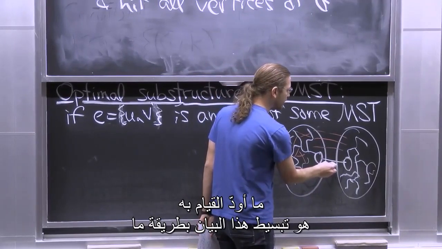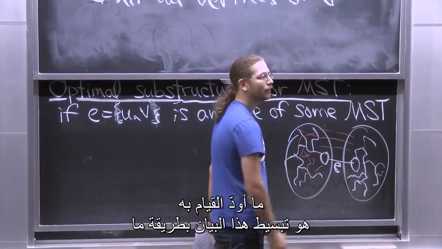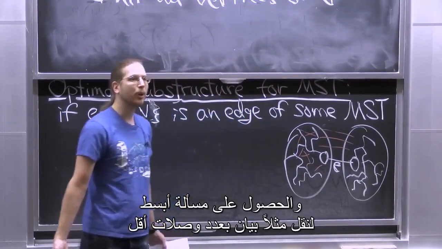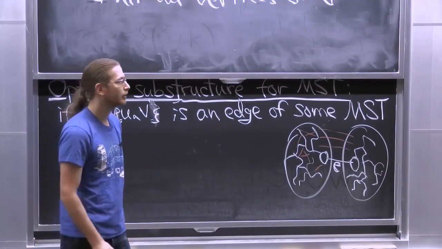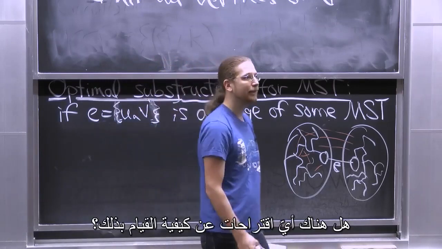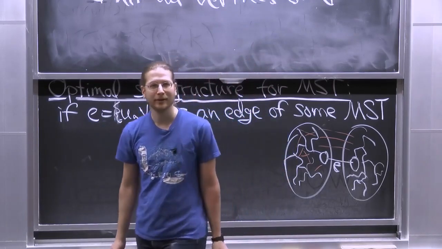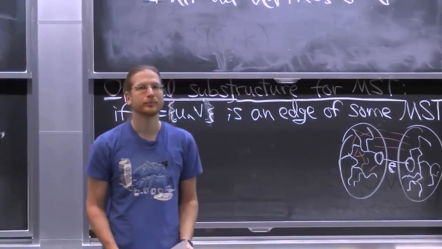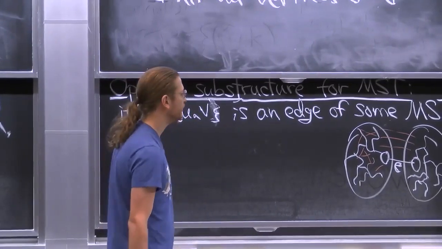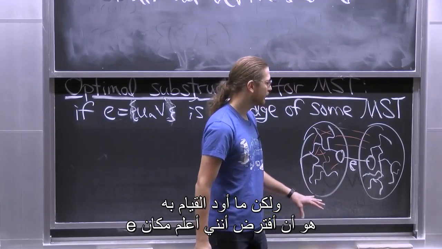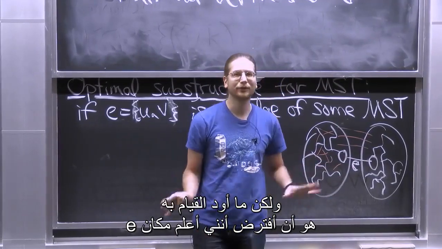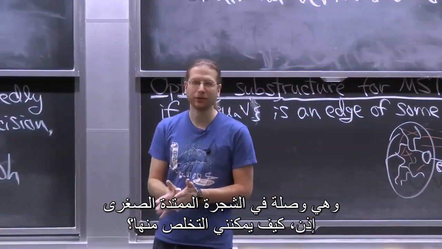Okay, what I would like to do is somehow simplify this graph and get a smaller problem, say a graph with fewer edges. Any suggestions on how to do that? I don't actually know where all these white edges are, but I'm supposing I know where E is, and that's an edge in my minimum spanning tree.